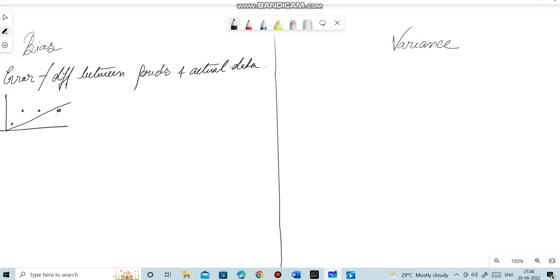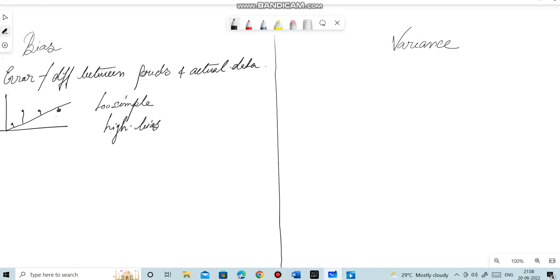That means it is too simple. Our model is too simple to understand the data, and also there is a high error. If we cumulatively add up the errors, it comes out to be quite large. That is, there is a high error. So this model exhibits high bias.